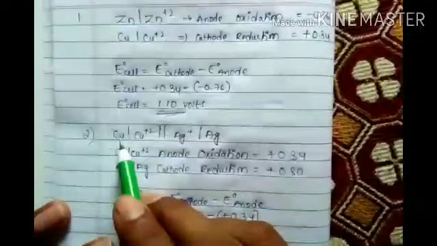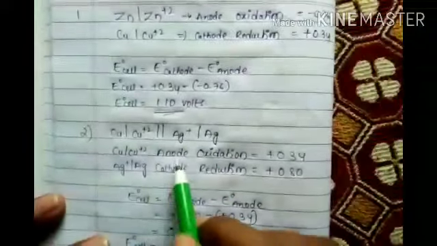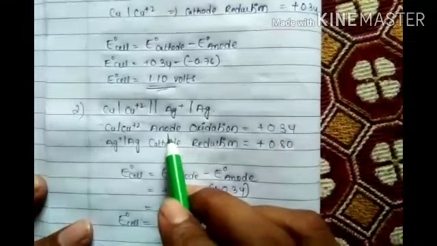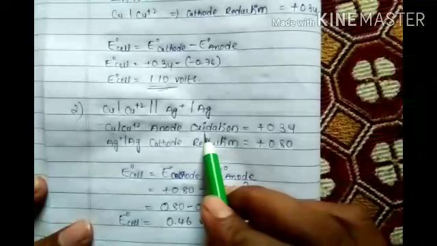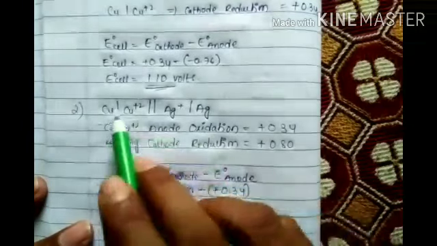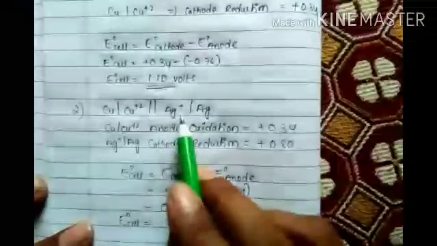Yes, Cu and 2 Ag we have to write like this. Cu at anode, copper at anode, oxidation. In the question they gave Cu2+ first, here like this. So left hand side is anode, this is cathode.